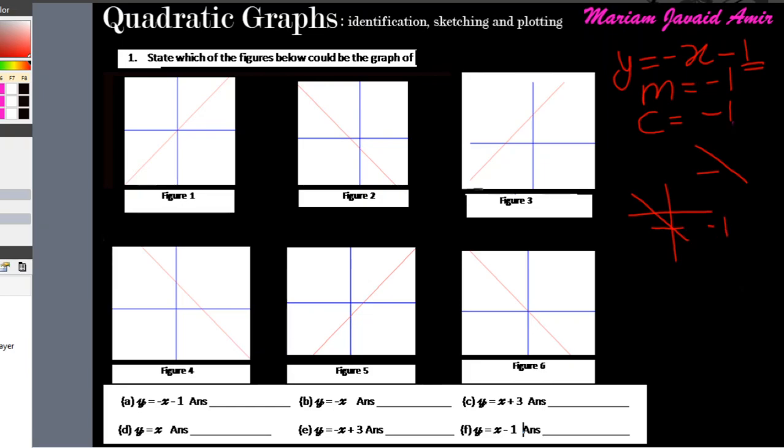Now which of these 6 graphs look like this? It is figure number 2, I believe. Yes, it's a falling line which is touching the y-axis somewhere around -1. So the first answer is 2.